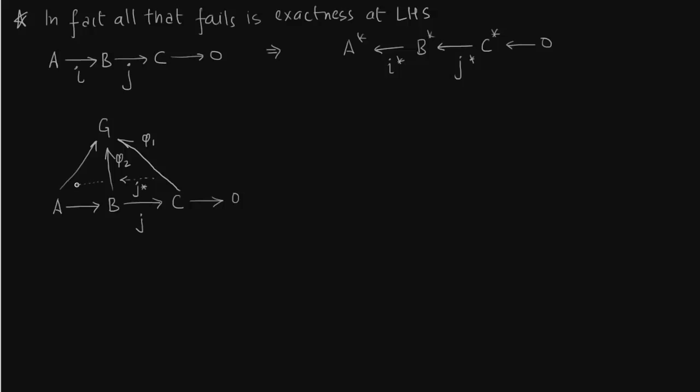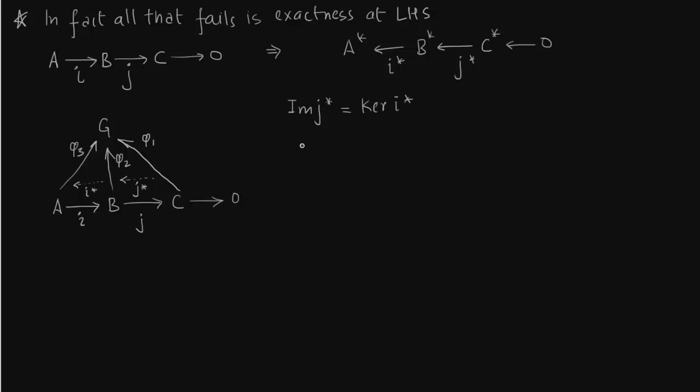So similarly, we have map i star corresponding to map i, and say you have phi 3 here. So the only non-trivial thing to show here is that image of j star is equal to kernel of i star, and we proceed in two ways.